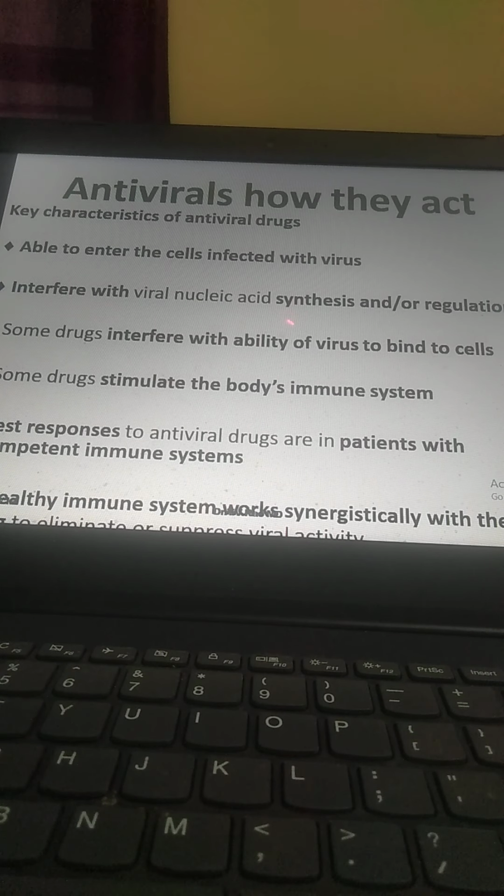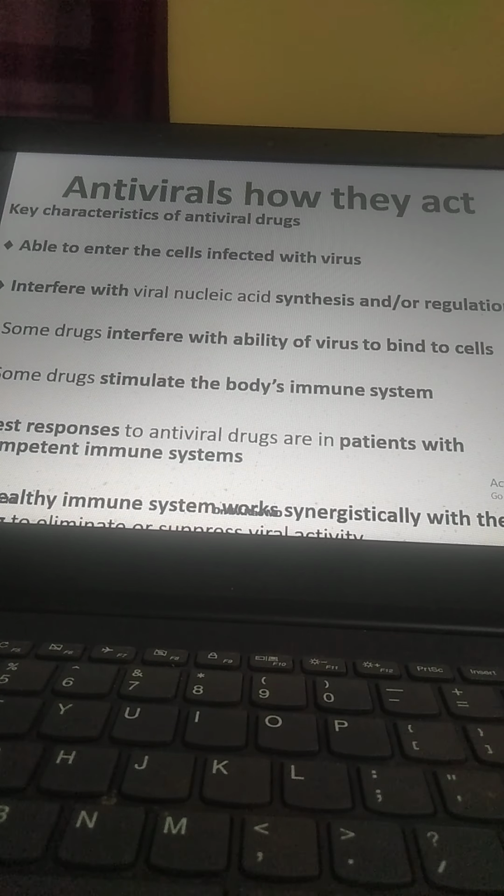Some drugs stimulate the body's immune system. The best response to antiviral drugs is in patients with a competent immune system. A healthy immune system works synergistically with the drug to eliminate the viral activity. So the immune system is very important.